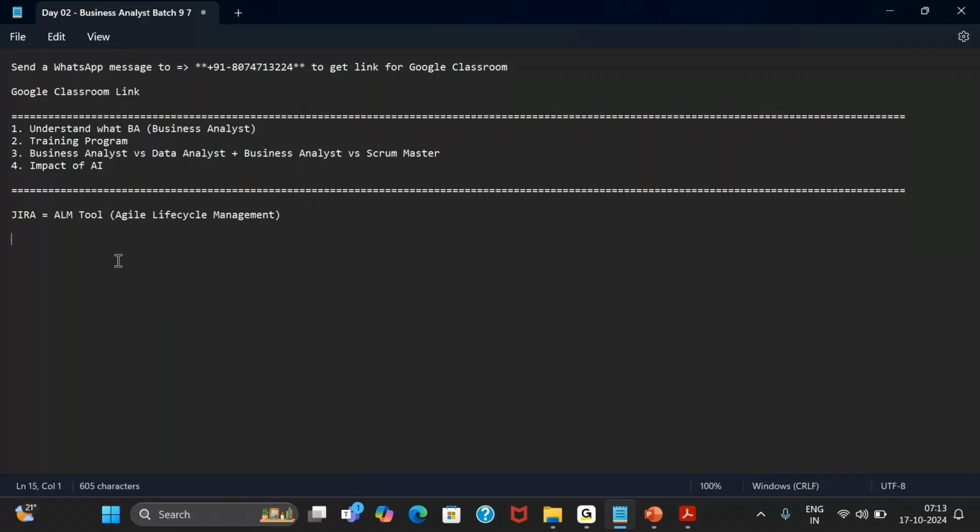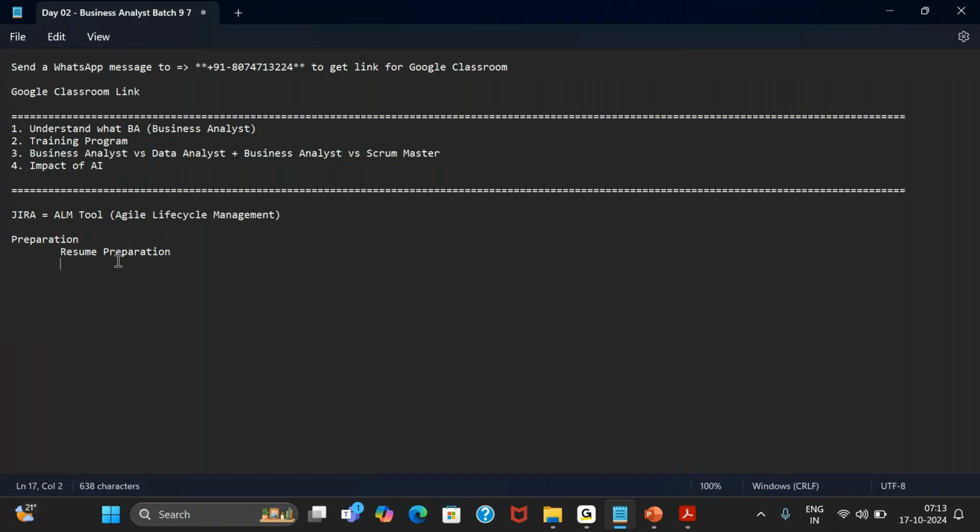The first one will be on resume preparation. We will be sharing with you key points that you must put in your resume to highlight what you have worked on as a BA, so that anyone looking at your resume can figure out that you have definitely worked on something as a BA.